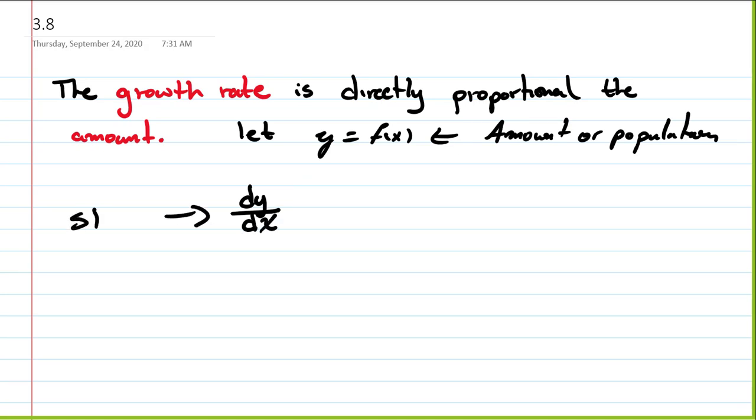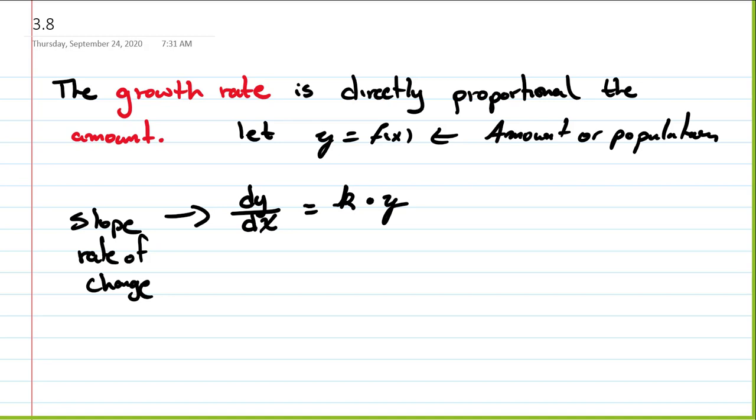This is our slope, or our rate of change, is equal to, or is proportional to, our proportionality constant times the amount. So then dy dx, or the derivative of y with respect to x, would be equal to k times y.